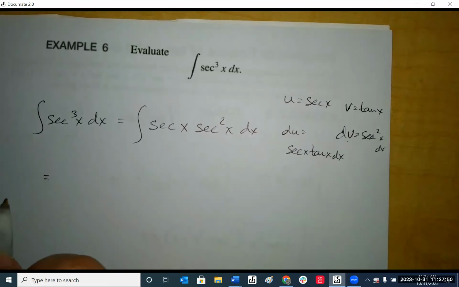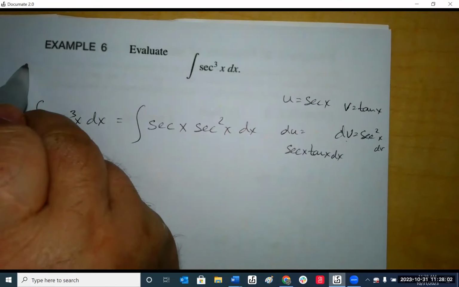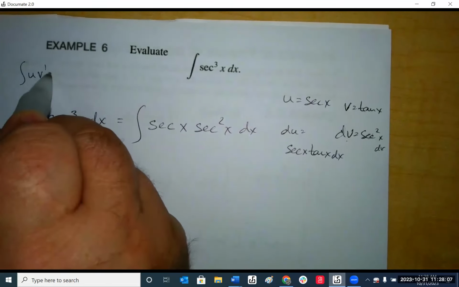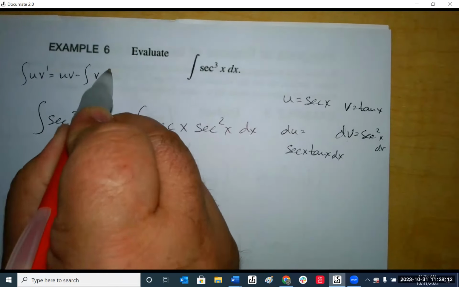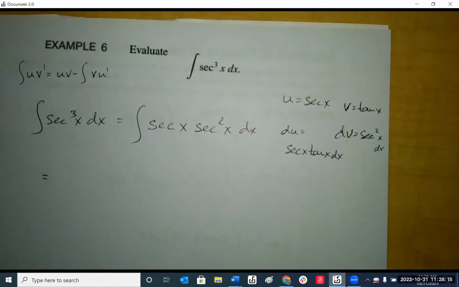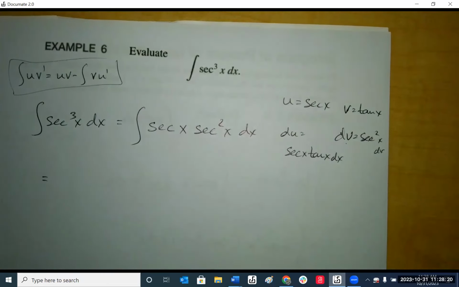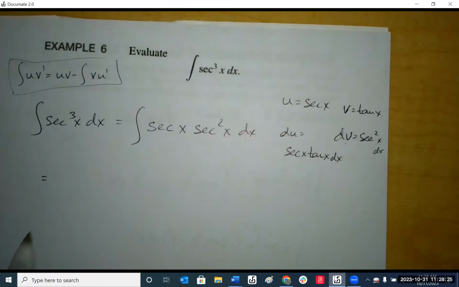So by parts, remember, our formula is the integral of u dv is equal to uv minus the integral of v du. That's our formula for by parts. So we have our u and v determined.